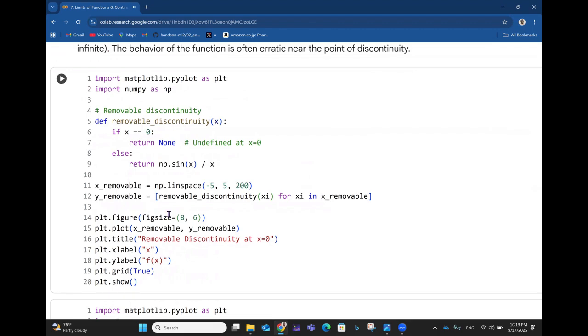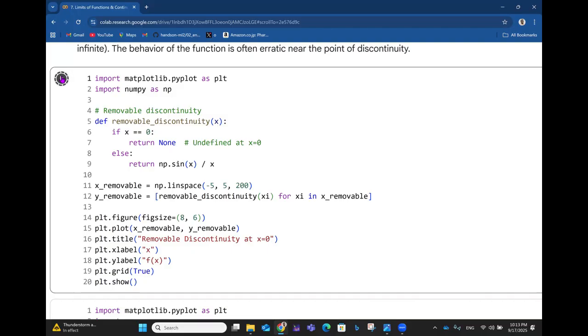Then for x removable, you have -5 to 5. Between -5 and 5, there's 0 right there, so you're definitely going to have a point of discontinuity at 0. And you are doing 200 divisions between -5 and 5. Now for y removable, you apply removable discontinuity to xi for xi in x removable. This is to show us the graph, because you are plotting x removable against y removable.